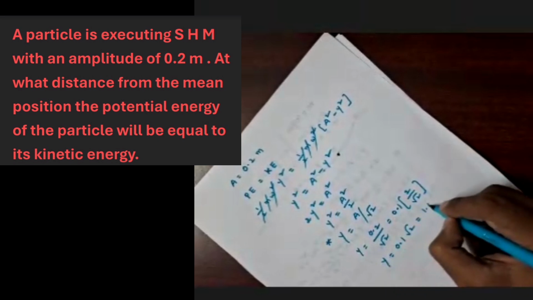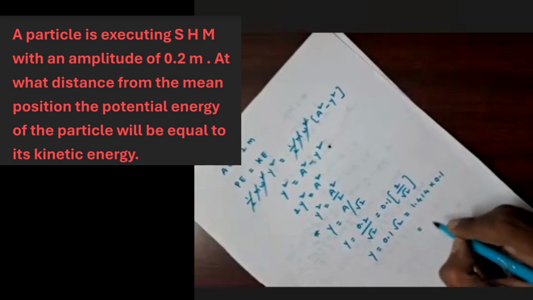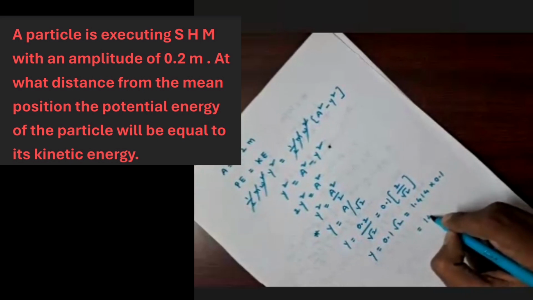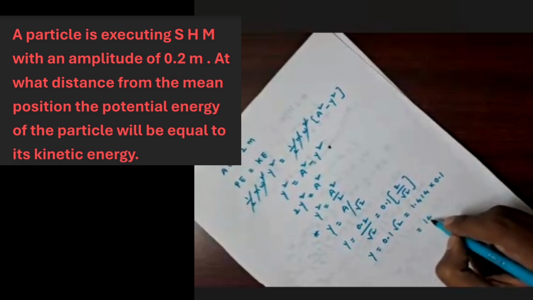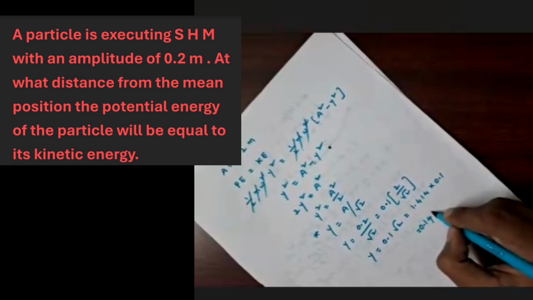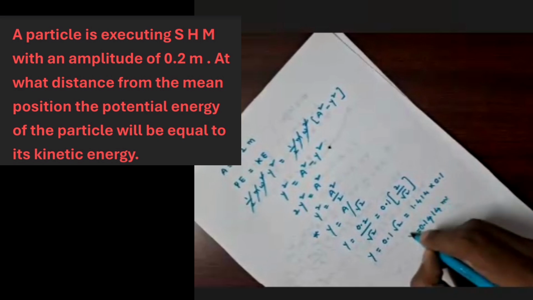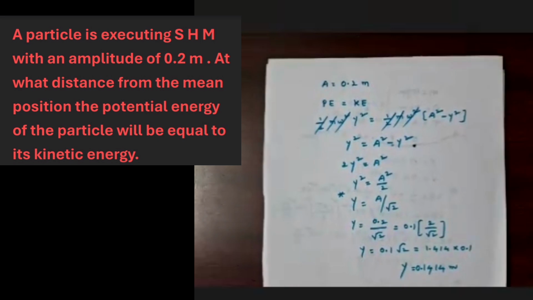Root 2 means 1.414, into 0.1. That value is 0.1414 meters. Like this, we can do this problem. At this distance, the kinetic energy is equal to the potential energy.